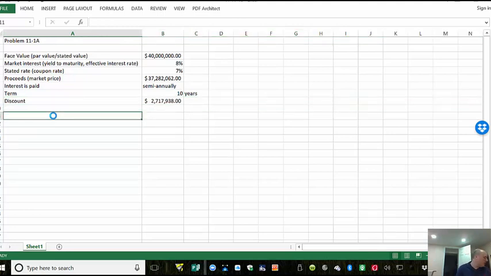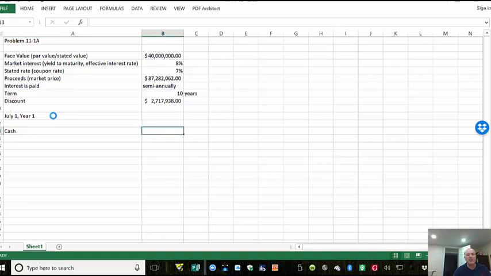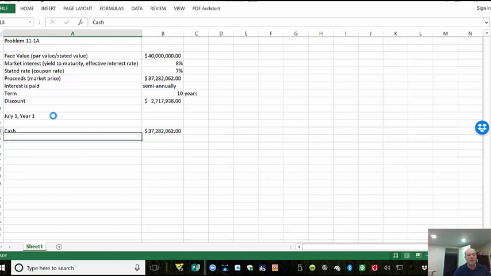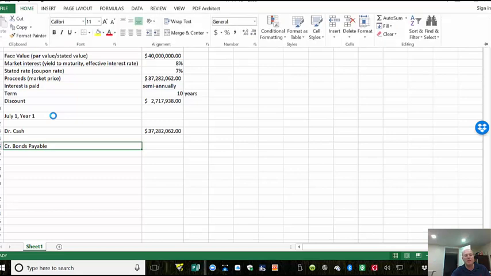So what happens on July 1st, year 1? What is the journal entry they make? Well, they get cash, and the amount of cash is the proceeds, 37,282,062. This is going to be a debit. They have to credit bonds payable for the full stated amount, which is 40 million.